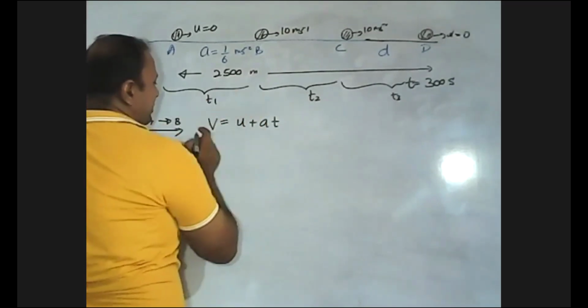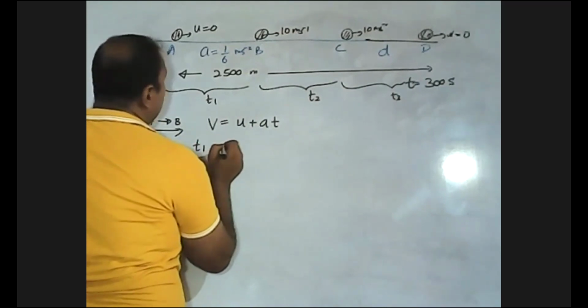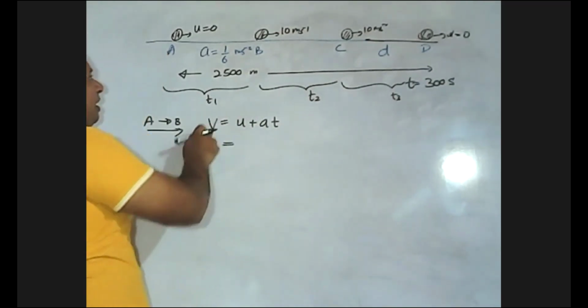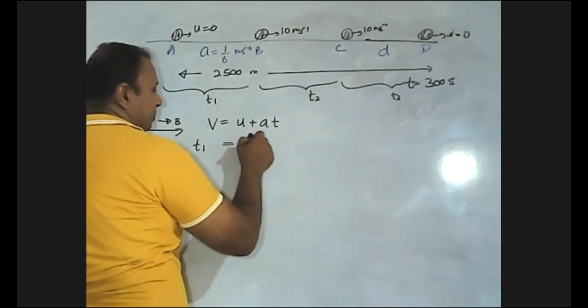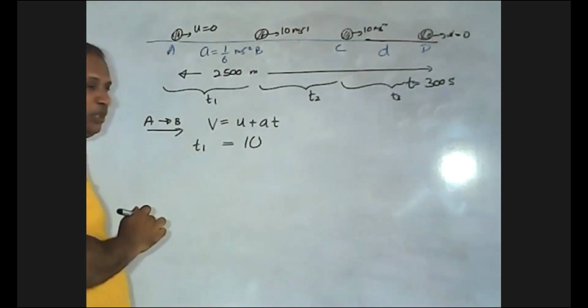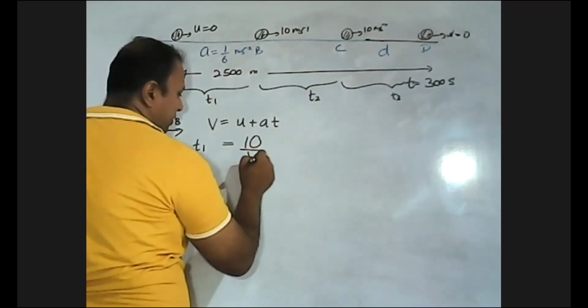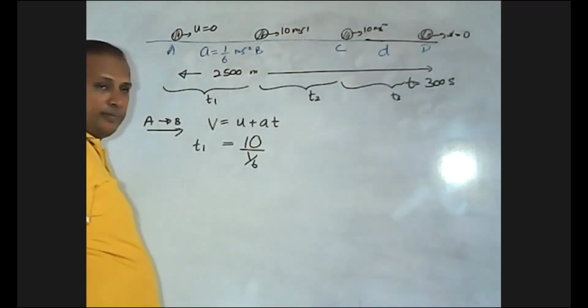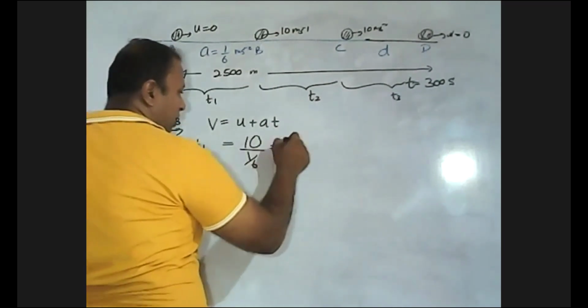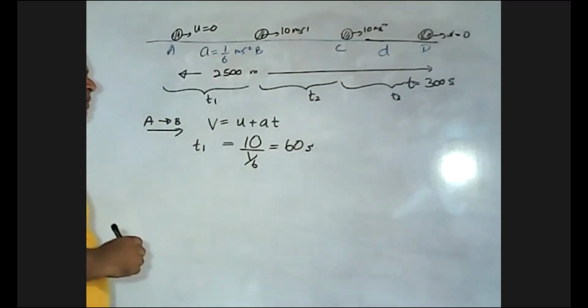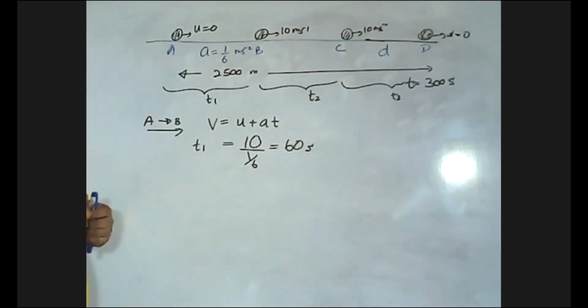So time T1 is equal to V, which is 10, with U 0, and A is 1/6. Therefore, T1 is equal to 60 seconds.